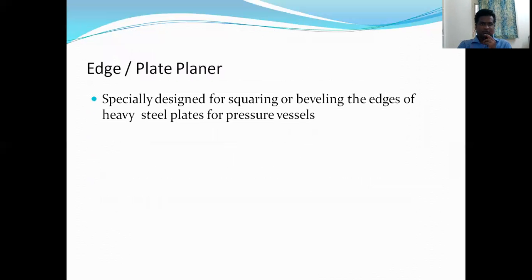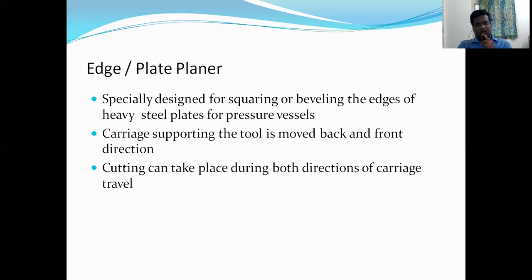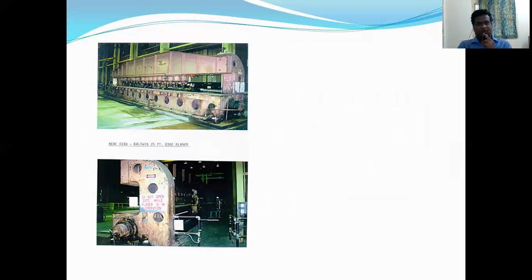Edge planer, specially designed for squaring or beveling the edges of heavy steel plates for pressure vessels. Its carriage supporting the tool is moved back and forth. Cutting can take place during both directions of carriage travel. The operator stands on the platform and operates.